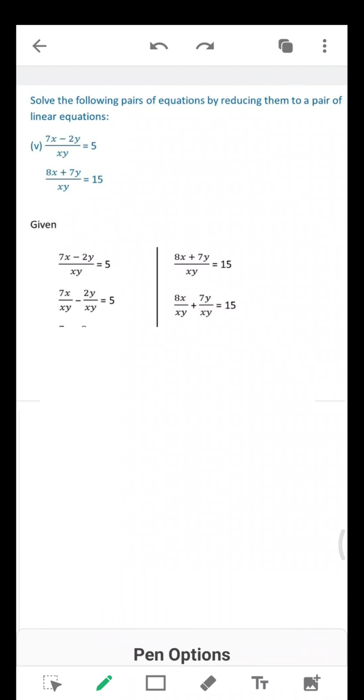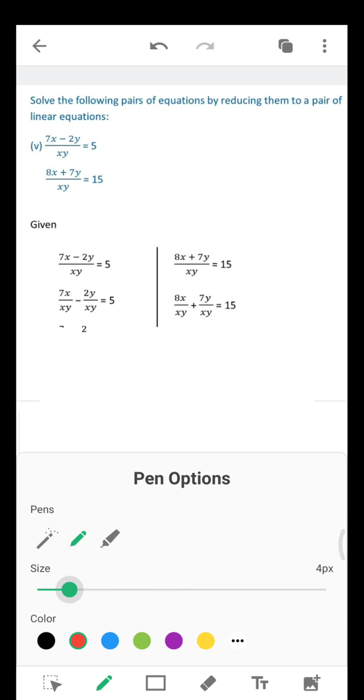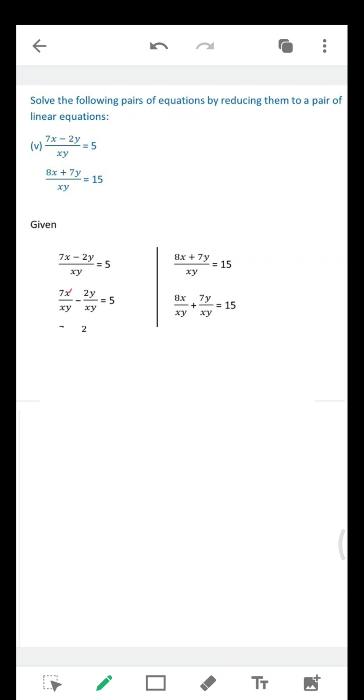Let's see that now. I can cancel x, because you can see in this first one, x and this x get cancelled here, and here y and y get cancelled. So I'll cancel x and x here, so it remains 7 by y, and here I'll cancel y and y.